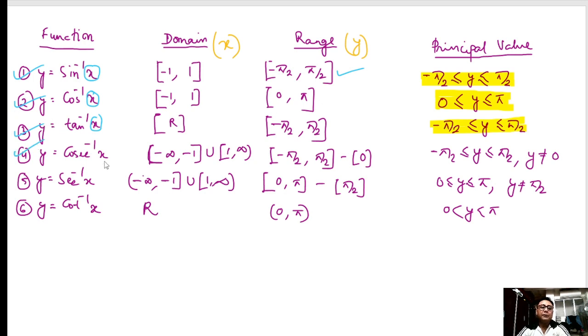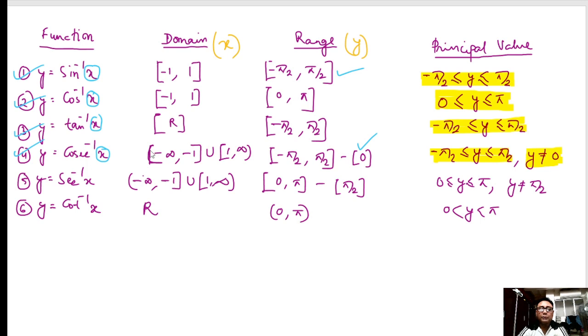Second is, if it is cosec inverse x, please note I can put the value from -infinity to -1, and again from 1 to infinity. I cannot put 0. So I will get the value from -π/2 to π/2, but I will not get y equal to 0.